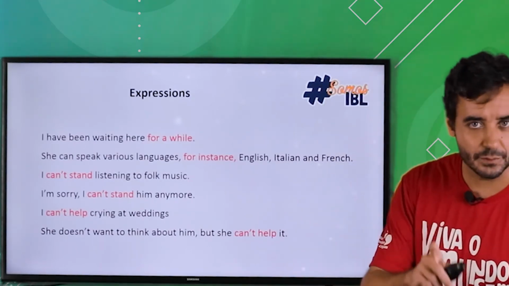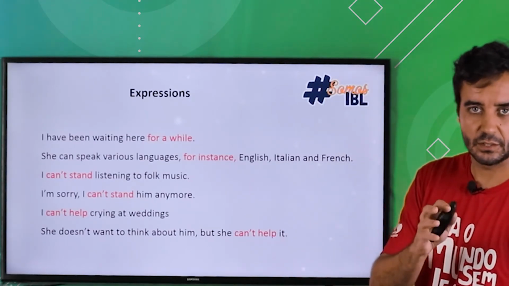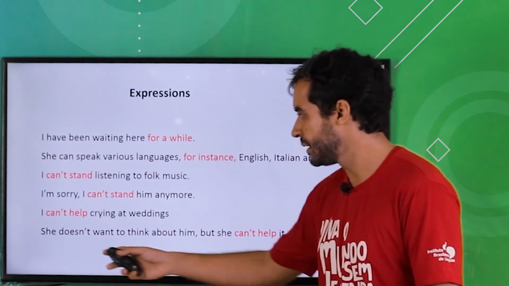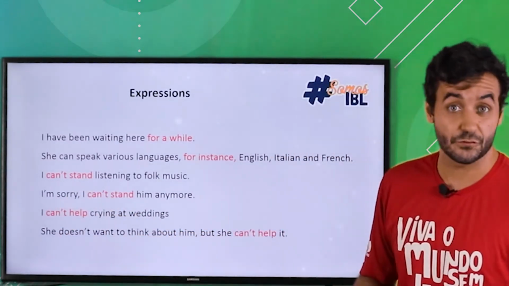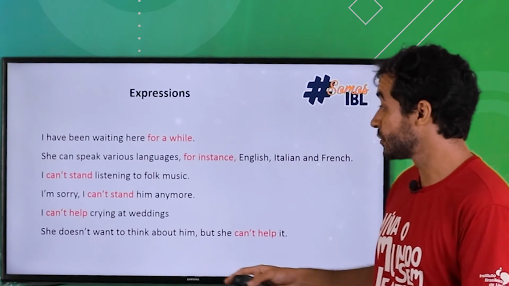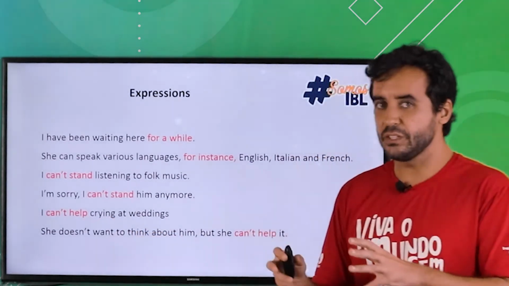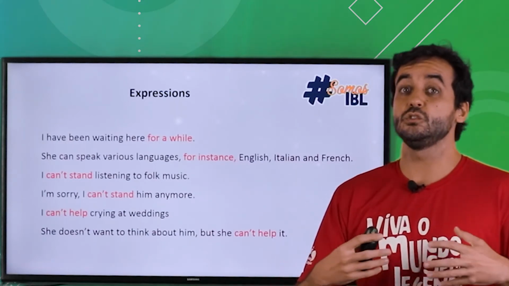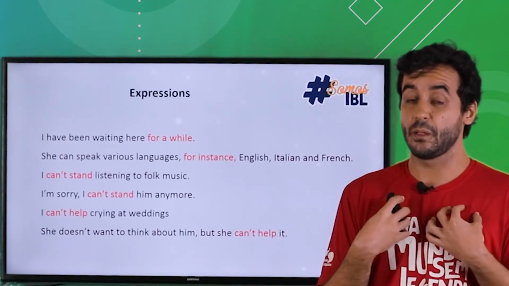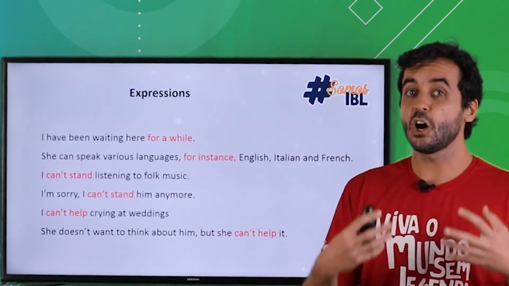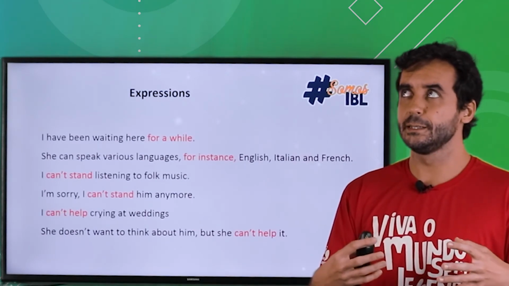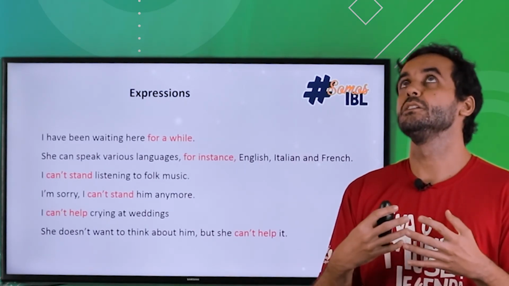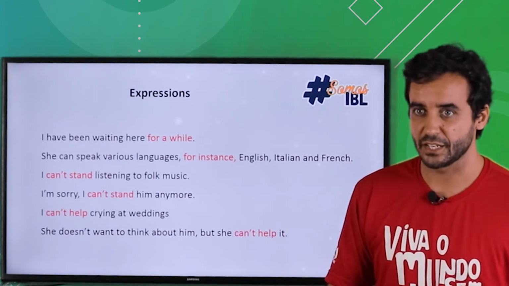Okay, we have a similar expression, which is also a phrasal verb, that is similar, but it's quite different in terms of meaning, right? So can't help, okay? Can't help, we don't have that verb in Portuguese, and it means that something has a strong effect on you, that you cannot not do the thing, okay?